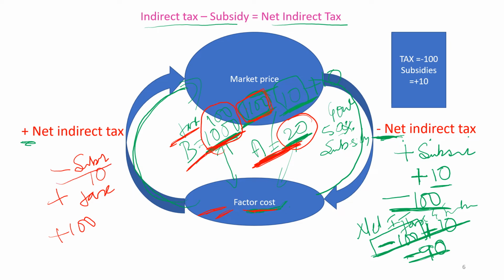And what is the subsidy? Minus 10. Then find out the difference. Then you are going to get plus 90. That plus 90 we are going to add to this factor cost. Then you are going to arrive at the market price. I hope you are able to understand. Again, you watch this slide, then it becomes very easy for you to understand.